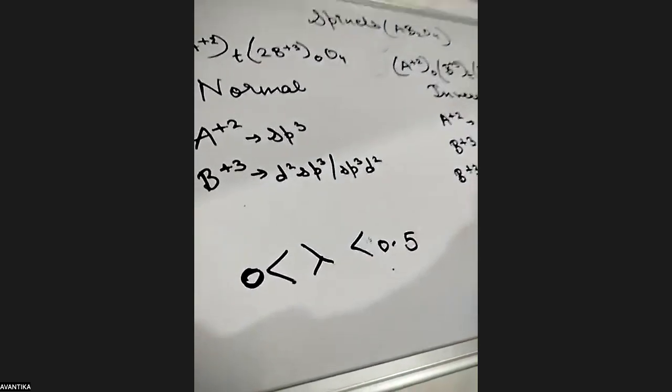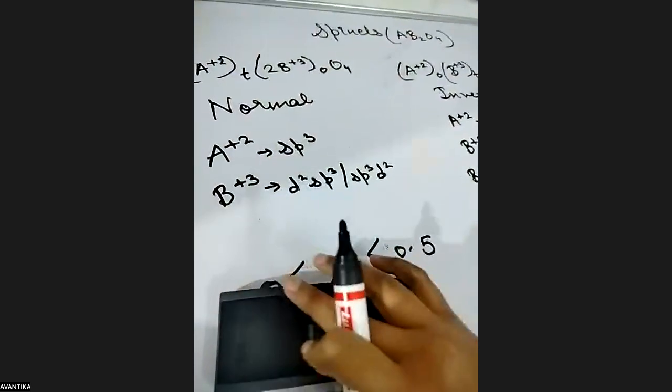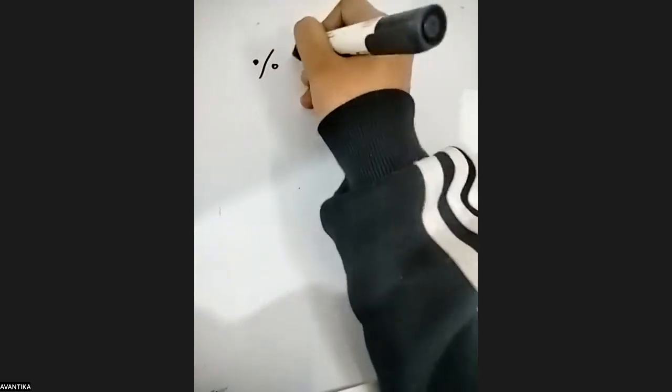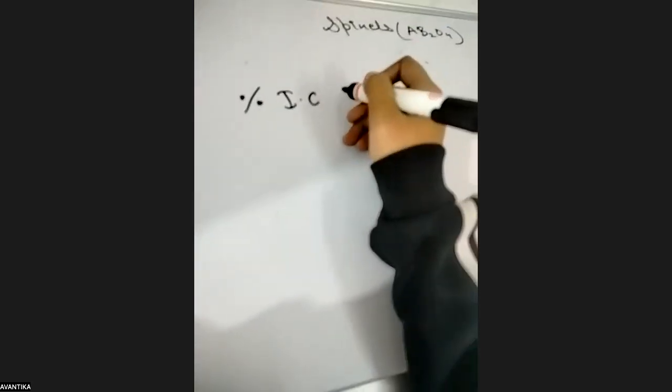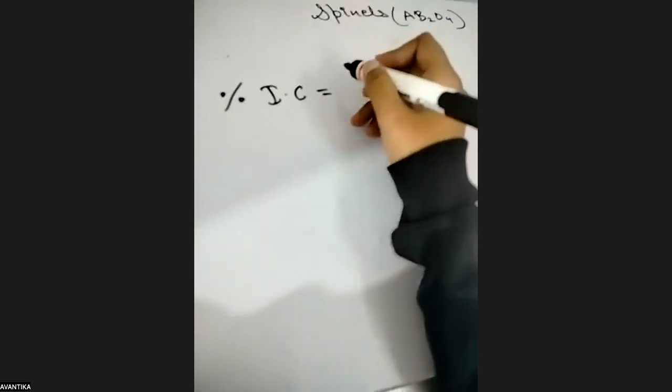We can also calculate the percentage inverse character in a spinel. Suppose for any spinel AB2O4 we have taken, whose lambda is between 0 and 0.5.